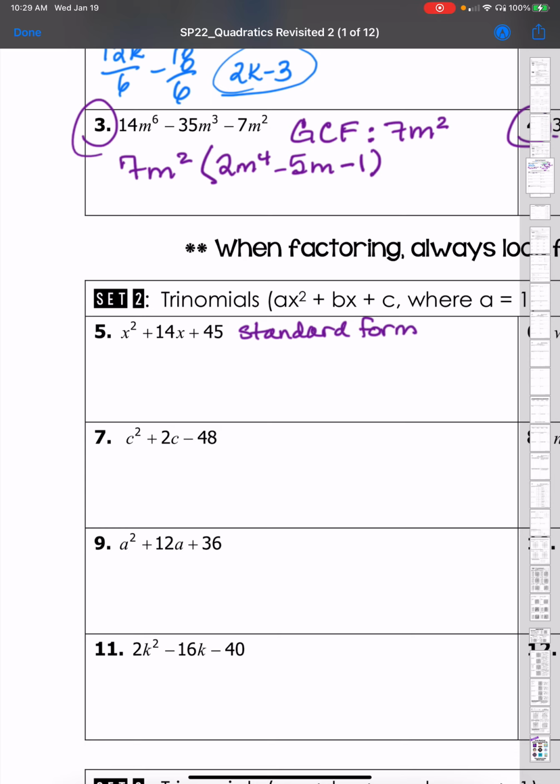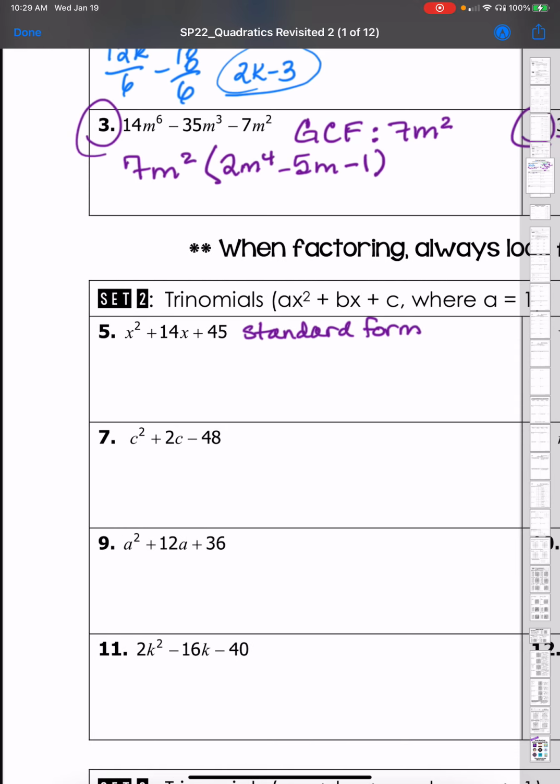So far, we have looked at standard form, we've looked at vertex form, and we've looked at factored form, which is what we're learning right now. Factored form gives you some very important information about the graph of your parabola. Just like vertex form made it very easy for us to see what the axis of symmetry was and determine the vertex, standard form also gives you some information about the parabola.